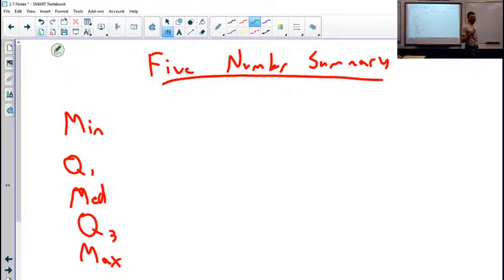As we're thinking about this problem, one thing I want you to focus on is the 5-number summary. The main ones are the median and the quartiles. The median should be at what percentile?